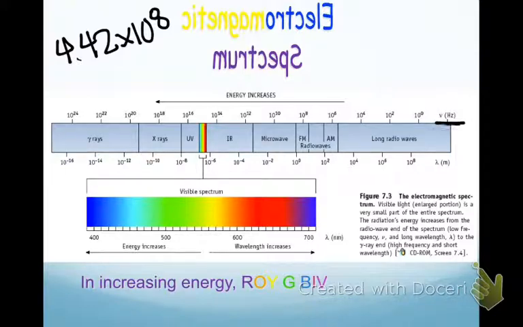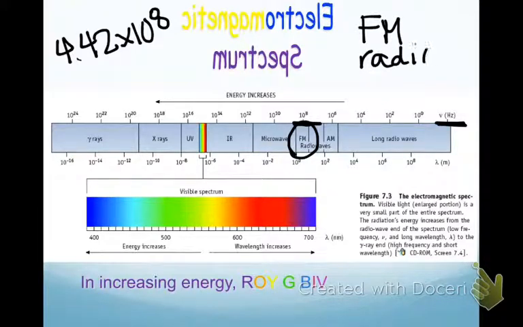And so I'm going to look right up here where frequency is to find where about 10 to the 8th is. And it looks like it's probably going to be somewhere in the FM radio range. Okay, that's how I would tell the type of frequency for that.